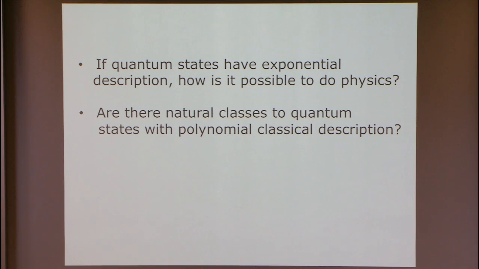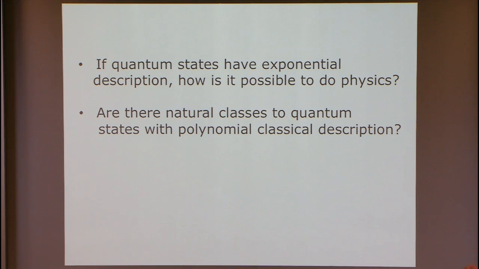And so one possibility is that, in fact, this exponential description, maybe in order to get quantum states which have this exponential description, you actually have to engineer them, and obviously engineering quantum computers has proved to be a very challenging task. So you could maybe imagine that there are natural classes of quantum systems for which you can describe them very succinctly classically, and you can understand them well classically.